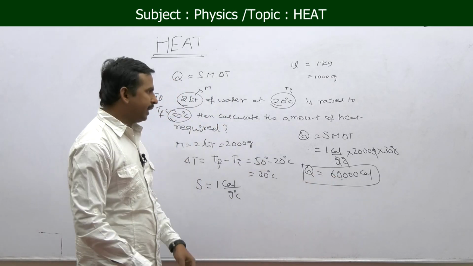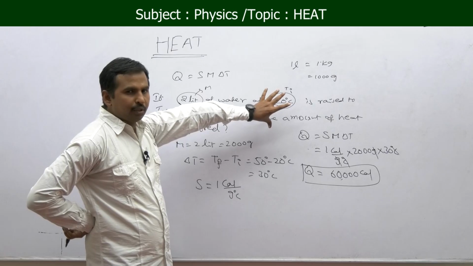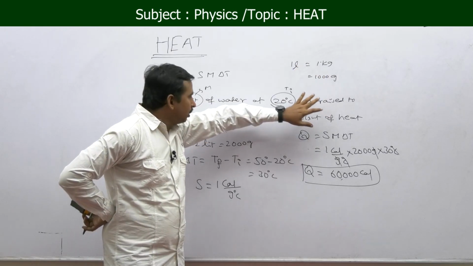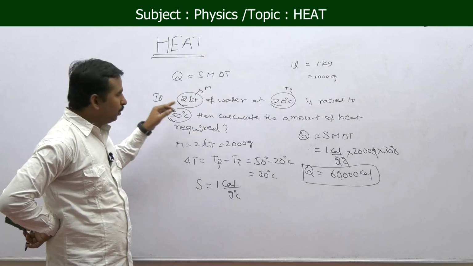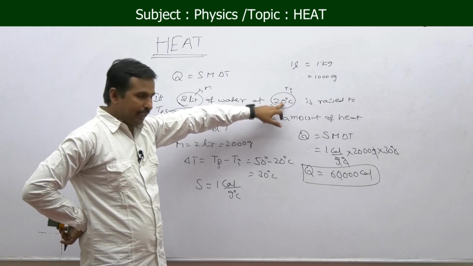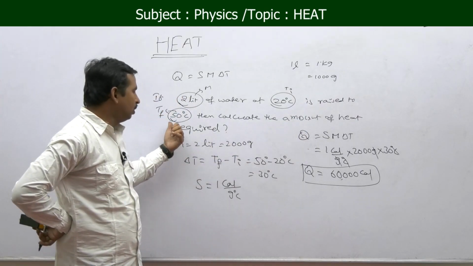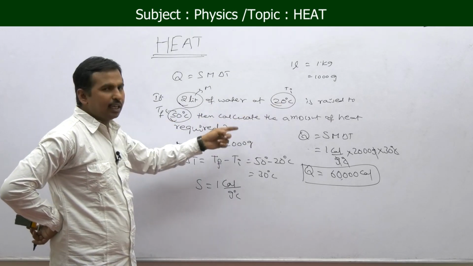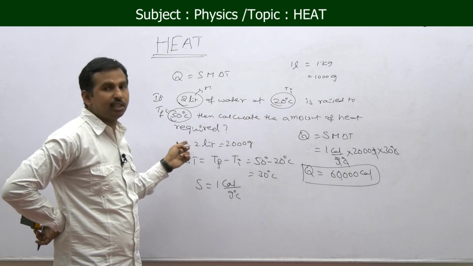Most of the time you will get a doubt. Suppose the same problem is given where 2 liters of water at 50 degrees Celsius decreases its temperature to 20 degrees Celsius, from 50 to 20, and you have to calculate the amount of heat energy given out.